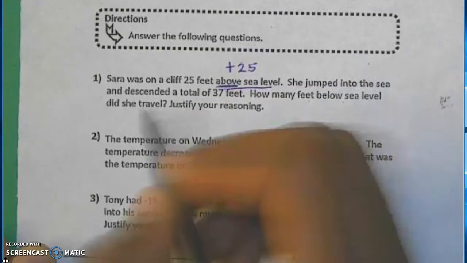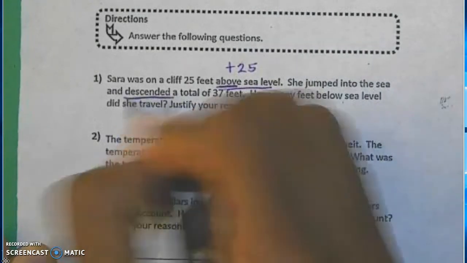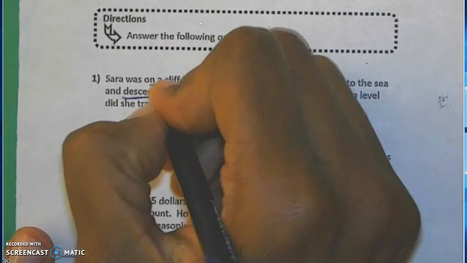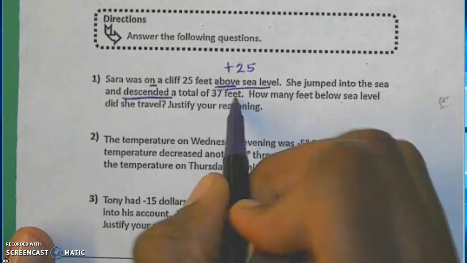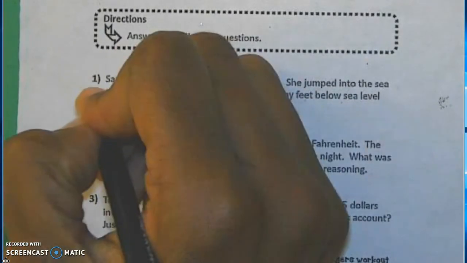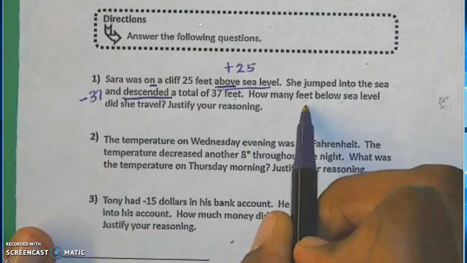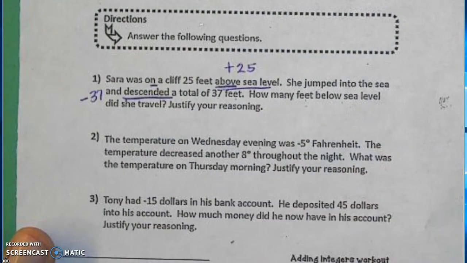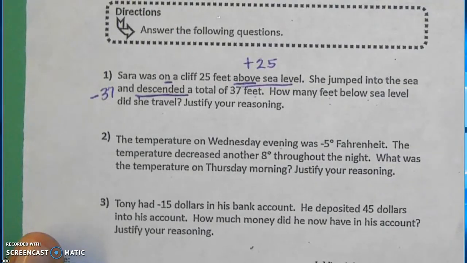She jumped into the sea and descended. To descend means to go down. To ascend means to go up. So descend means she went down. That's a negative. A total of 37 feet. So that's going to be a negative 37. How many feet below sea level did she travel? Justify your reasoning. So I have a positive 25.